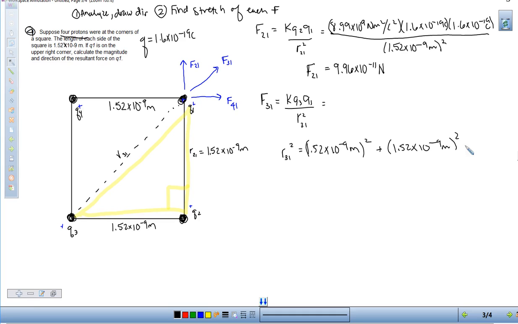So I went ahead and just solved this whole thing out. 2.15 times 10 to the negative 9th meters is this leg right here. Okay, so I needed an extra step to do that, and it looks like it makes sense because it is bigger than my two sides, so it looks good.